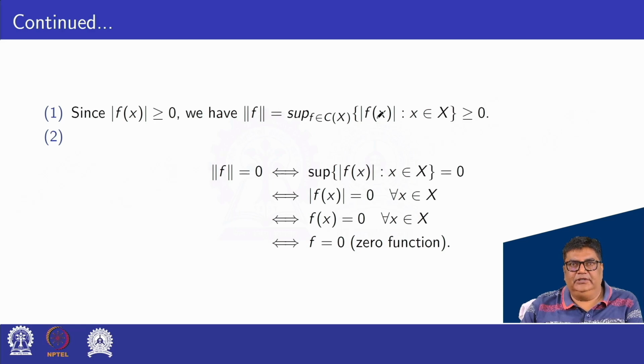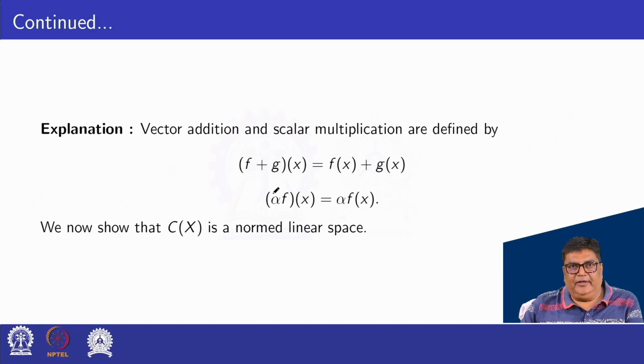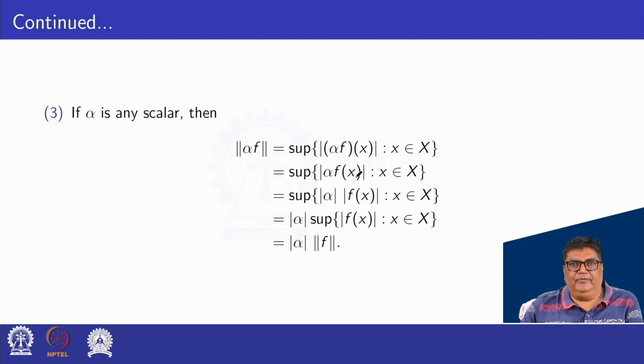So |αf(x)| can be written as |α||f(x)|. Here, in the supremum value of |f(x)|, where x belongs to X, α is free from x, so we can write it outside the supremum: |α| times the supremum of |f(x)| such that x belongs to X. This term can be written as ‖f‖ as per this statement. That is, ‖αf‖ = |α|‖f‖.